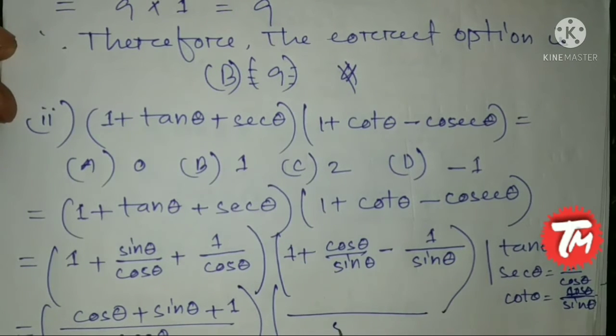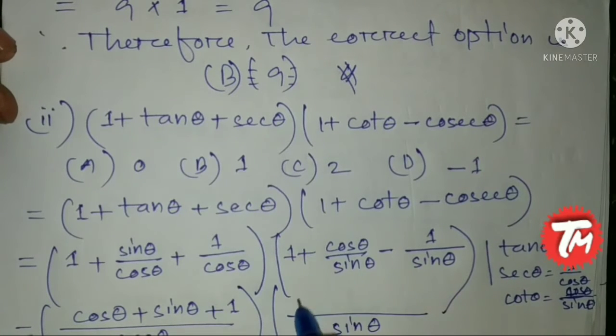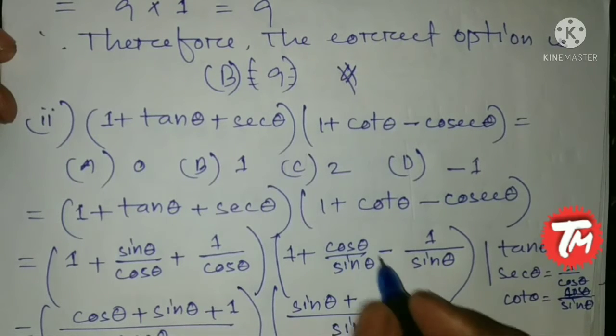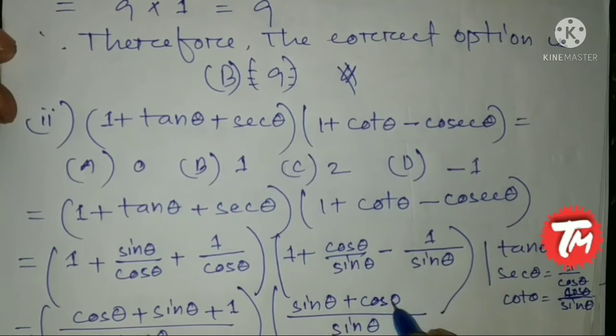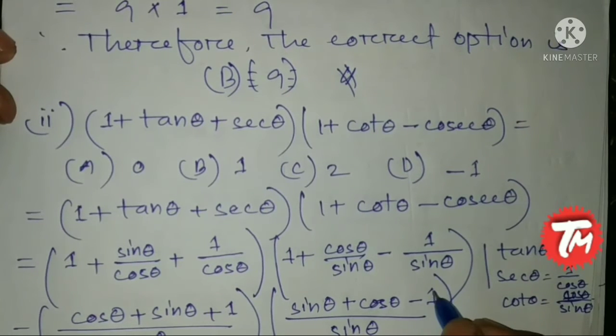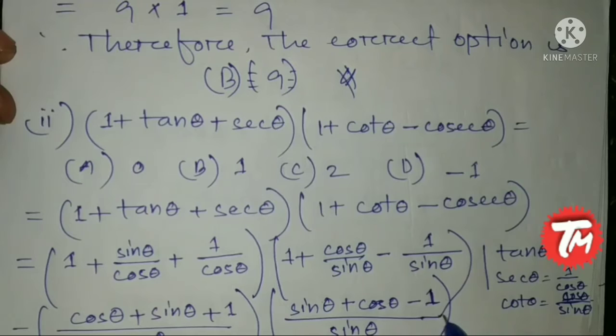So what is the LCM? That is sin theta. So sin theta into 1, sin theta you can write, so in the above how much, cos theta, so cos theta you have to write minus 1.